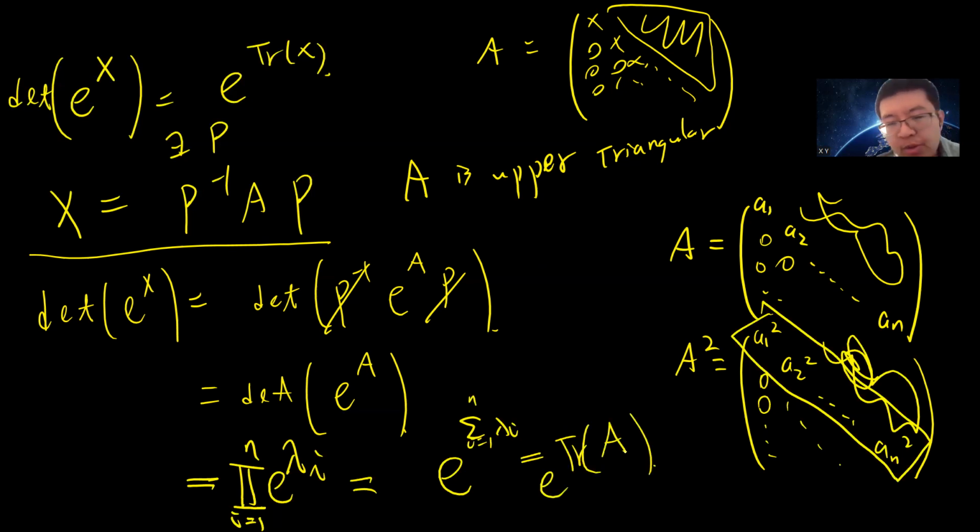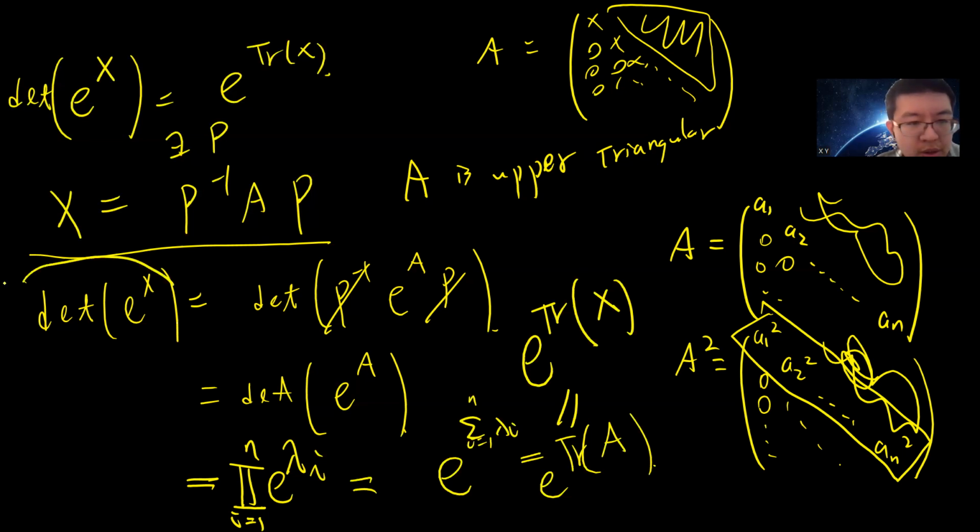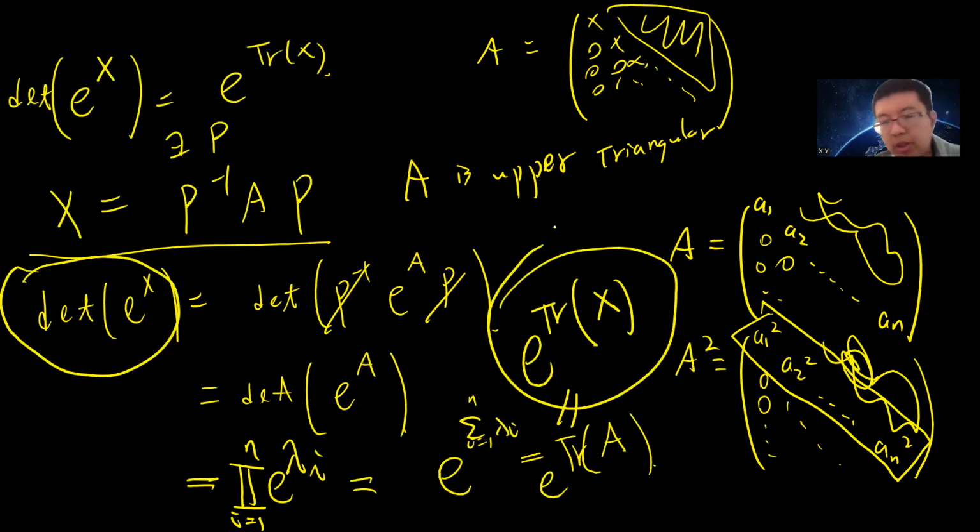But the trace of A is the same as the trace of X, because the trace is cyclic: trace of AB equals trace of BA. So basically it's the exponential of the trace of X. So this gives you the result, and that's it.